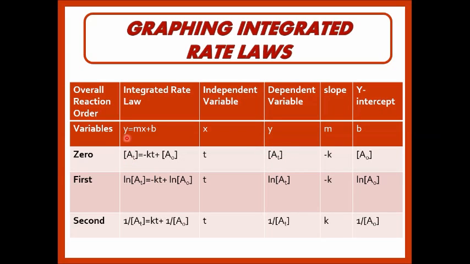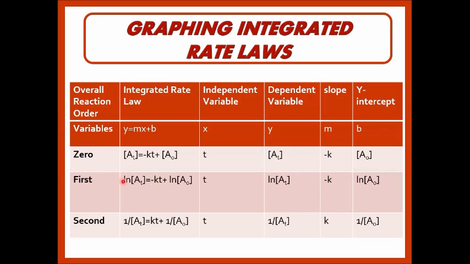So we can see that those two are analogous in the equation. Our slope for zero order is equal to the negative rate constant, and our y-intercept b is equivalent to the initial reactant concentration.